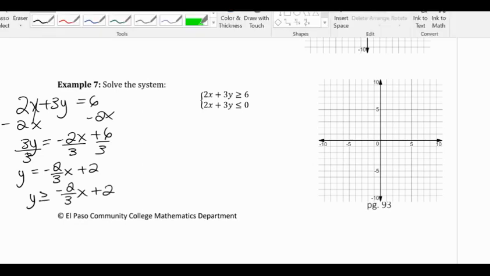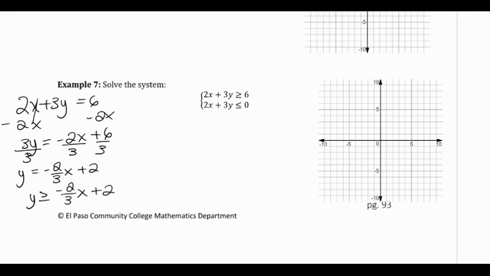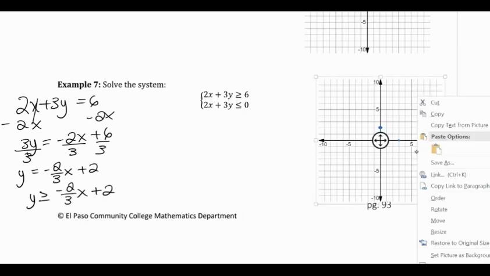Let's go ahead and graph that line. So positive 2 over here, and then my slope is negative 2 over 3, so down 2, 3 to the right, down 2, and 3 to the right.